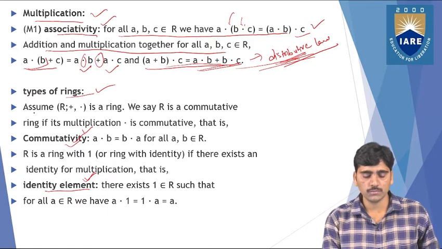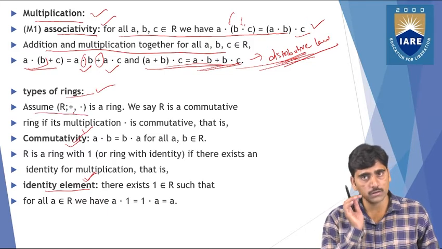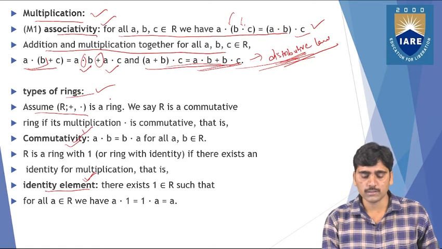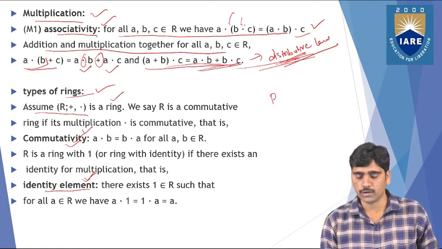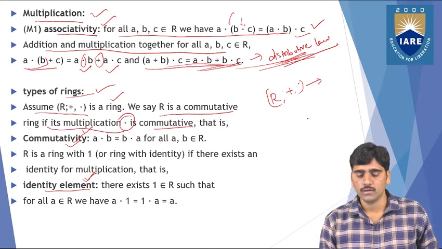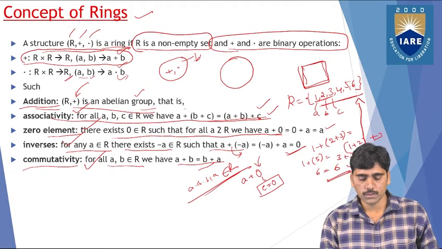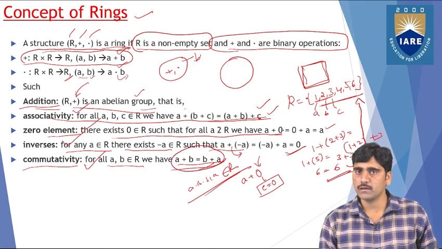Assume that R, plus, dot is a ring. We say that R is a commutative ring if its multiplication dot is commutative. In the previous case, commutative meant A plus B equals B plus A, so it follows the commutativity property.